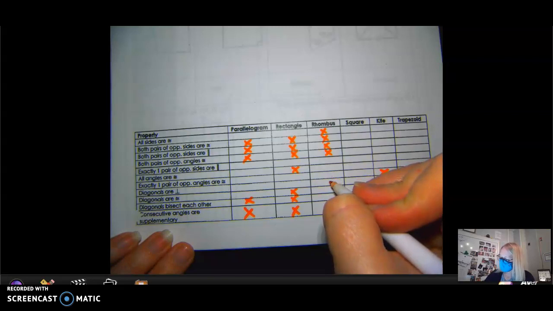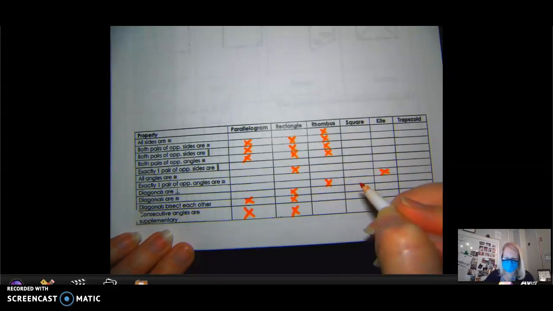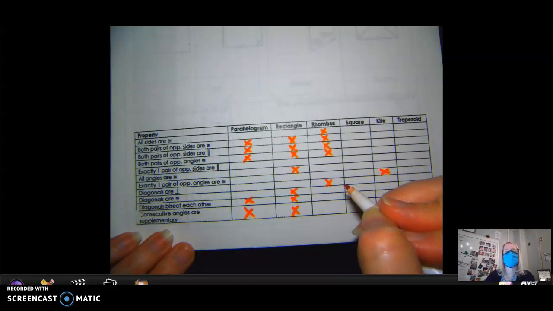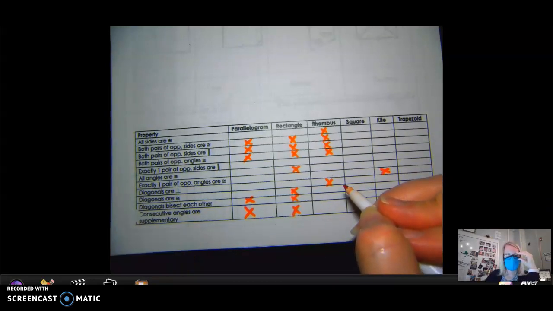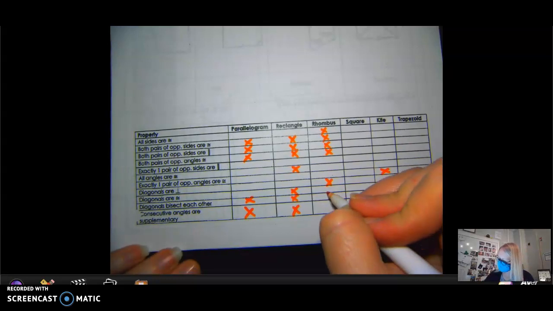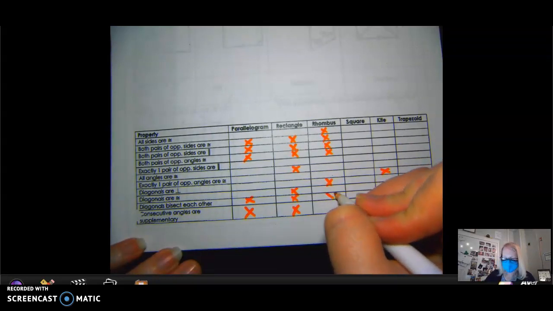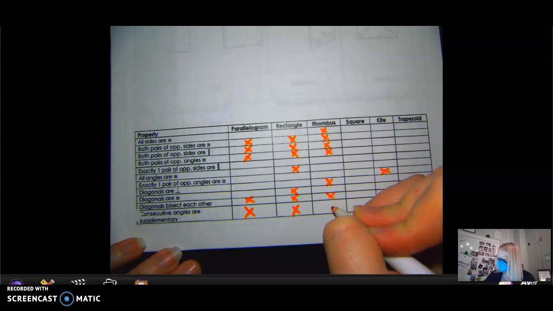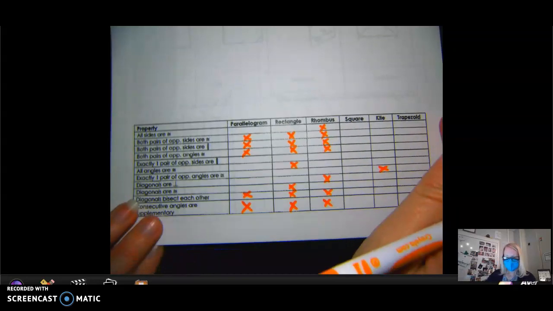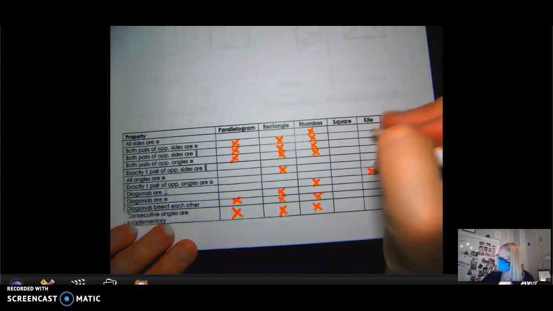Diagonals are perpendicular. Yes, on a rhombus they are. Good. How about diagonals bisect each other? Or no, I'm sorry, diagonals are congruent. No, diagonals bisect each other? Consecutive, supplementary? Yes. A square.